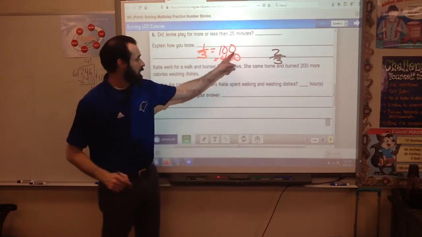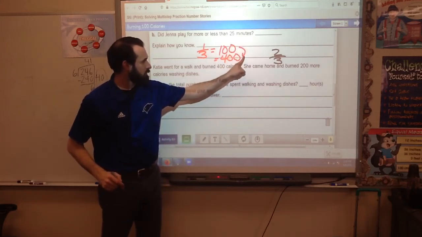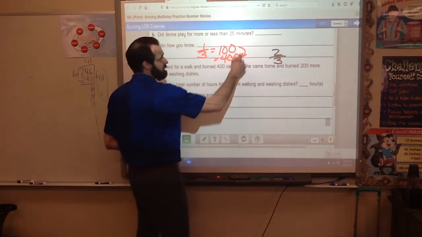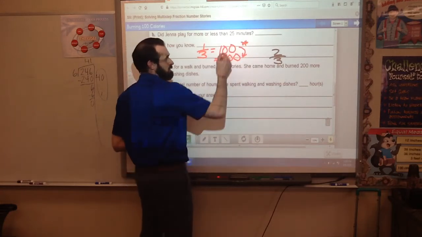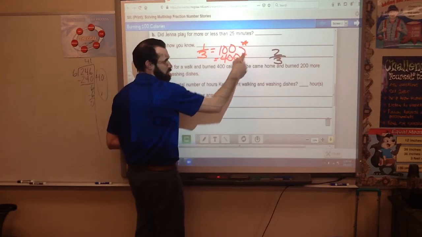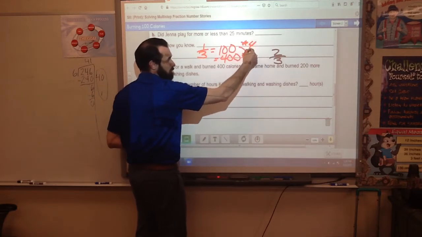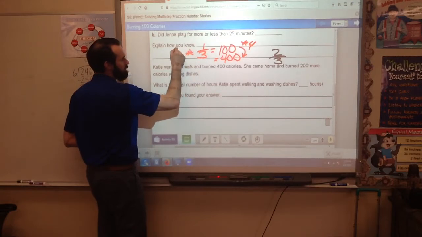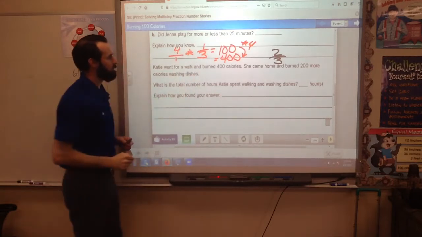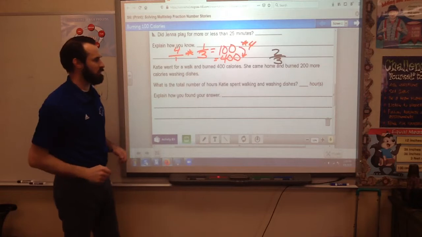Well, again, you need to look, what are we doing to get from here to here? We're going to need to multiply. So it's like multiplying 100 times what is 400? 4. So we're also going to need to take this and multiply by 4 to figure out the fraction for time.